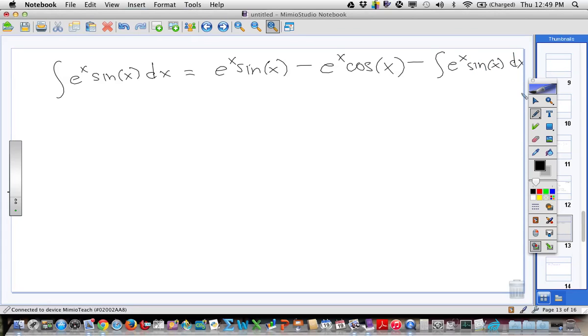Isn't that what I have? I've got that there and I've got that there. Trying to figure out what this is.